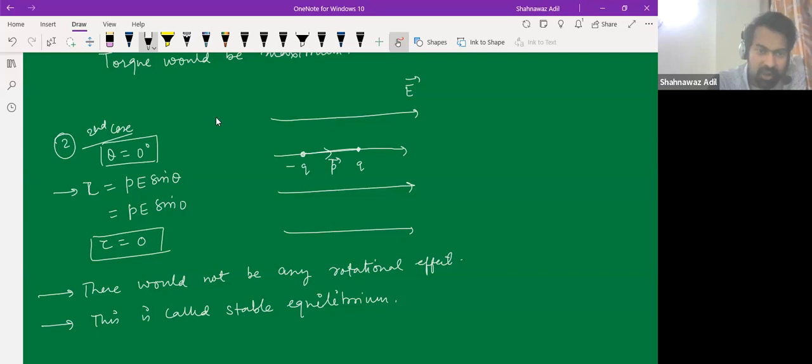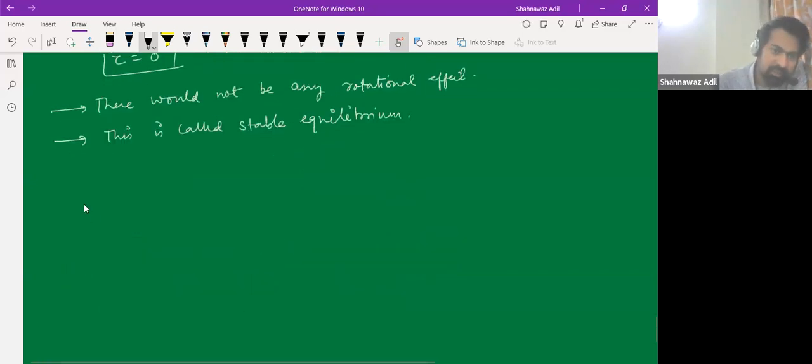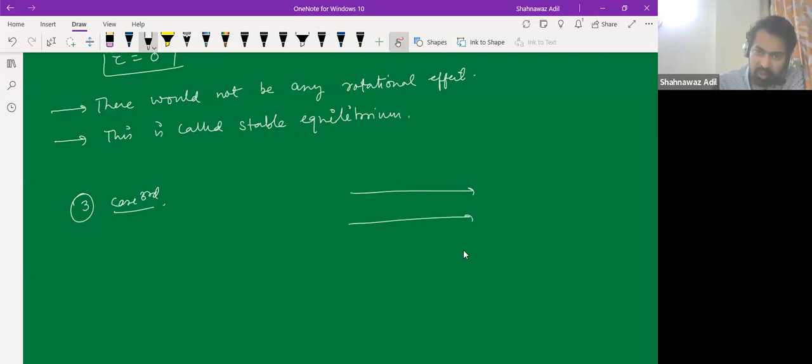Now we have the third case, which is the final case. So this is the electric field, and I put the dipole in this way, right? So what is the angle between electric field and dipole?